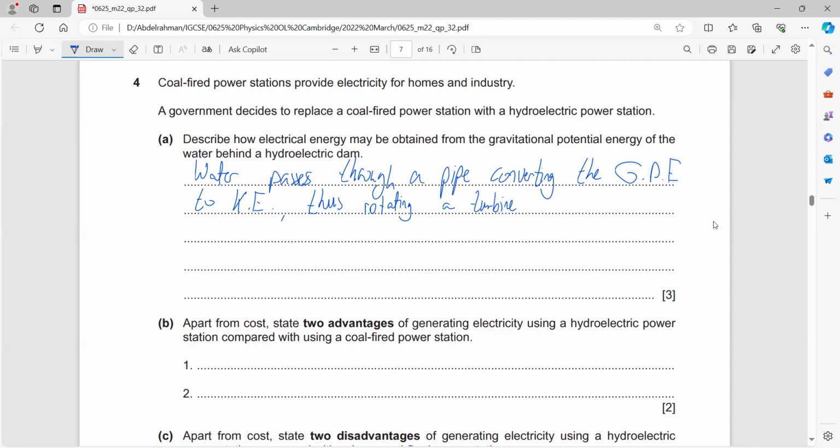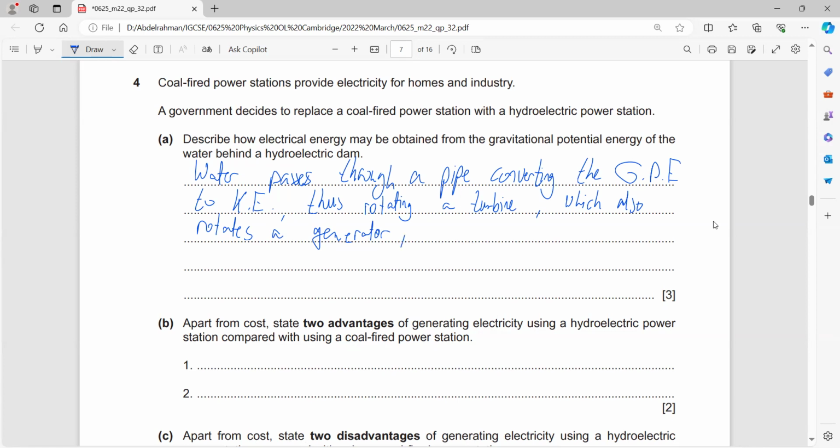When this turbine rotates, which also rotates a generator. The turbine is attached to a generator.